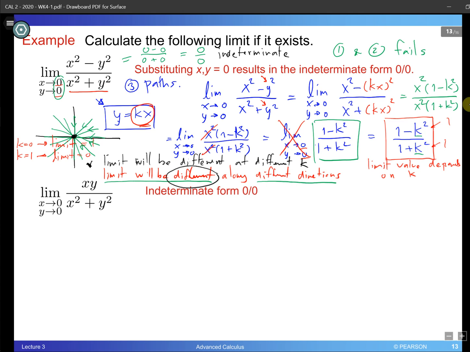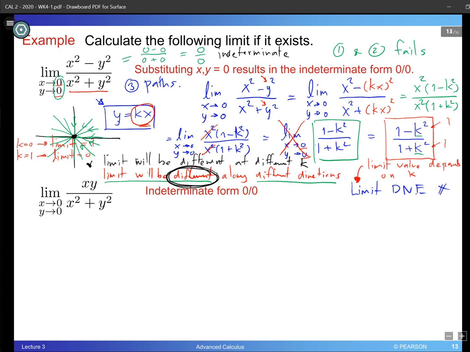So the limit does not exist. Make a big note right here: in this example, the limit DNE, does not exist. The reason is that the values you get depend on k, and k changes along each direction.